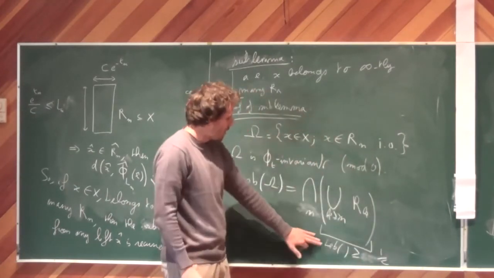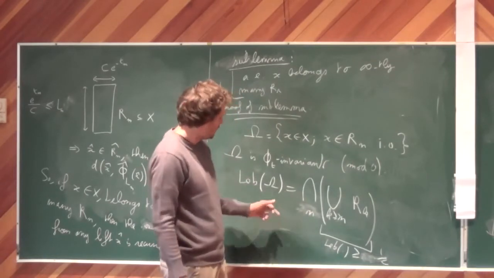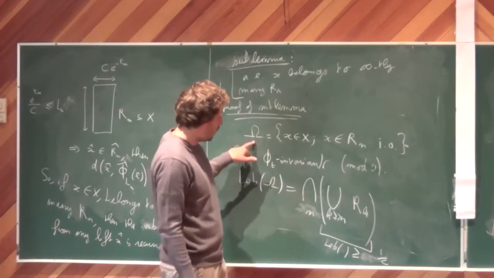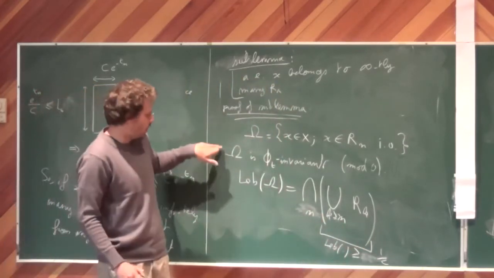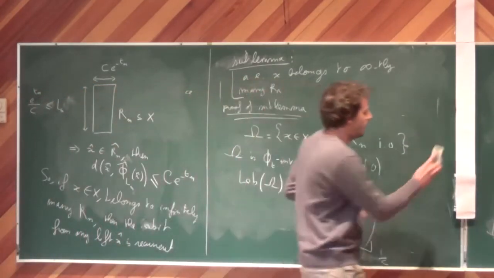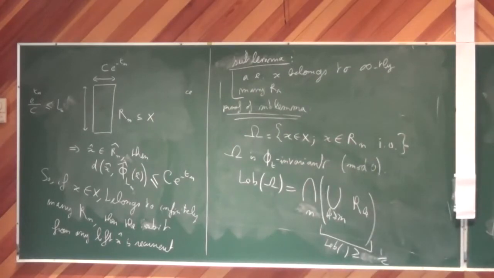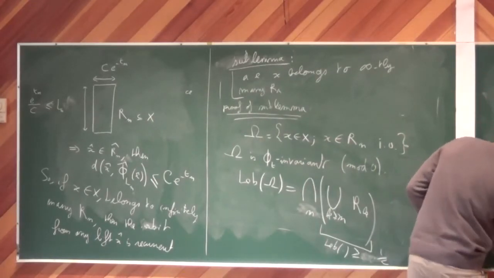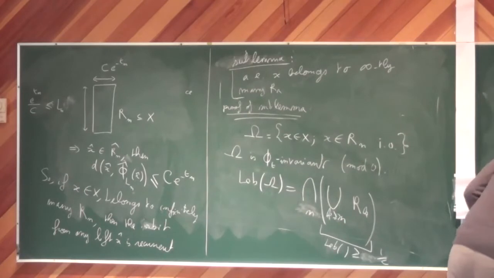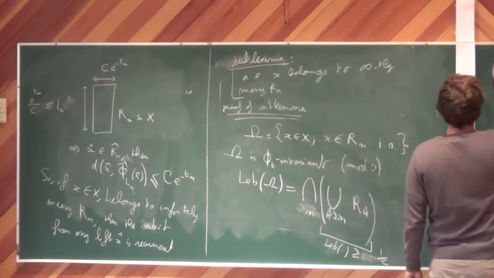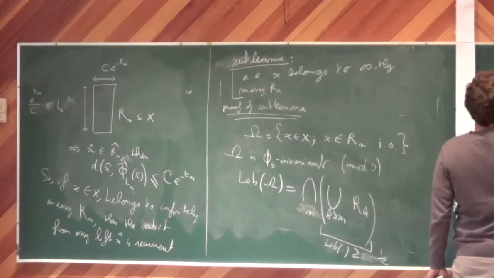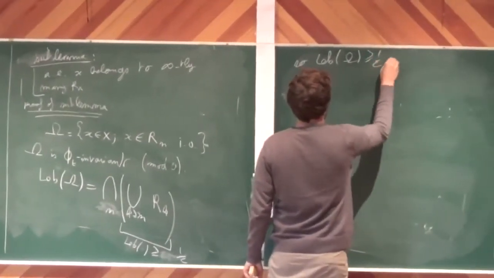So this has positive Lebesgue measure, so the intersection as well. And so the measure of that set is greater than 1 over c, so this is positive. So the only thing I have to prove is the invariance. And this is where the proof starts to become beautiful. So Lebesgue of omega is greater than 1 over c.